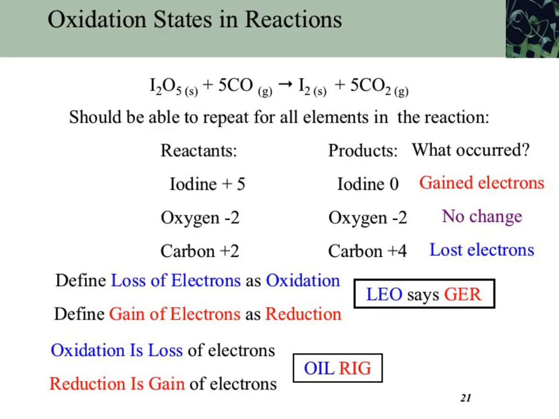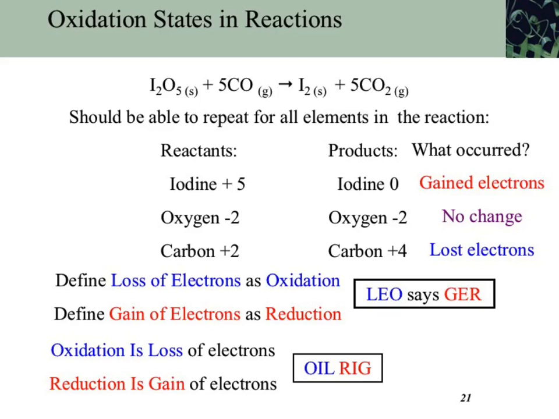Also known as reduced. We reduced the amount of oxygen bonds. There's our reduction term. If we bring in our electrons, what happened to iodine's oxidation state? Went from a +5 to a 0. It was reduced. The number was reduced.